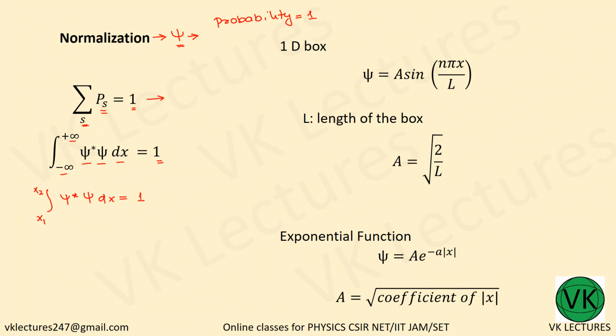Now for a 1D box, the wave function is given as psi equal to A sine n pi x by L, where n represents the state in which the particle is present. n equal to 1 means ground state, n equal to 2 represents the first excited state, and L is the length of the box.